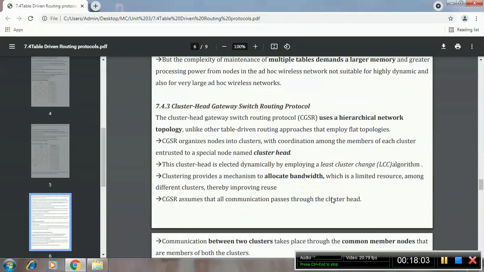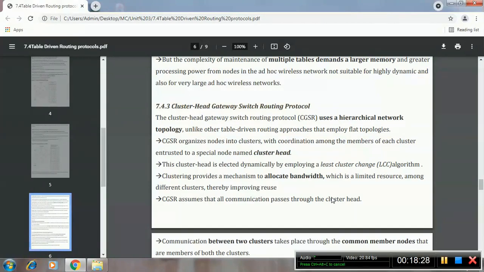In the above two, WRP and DSDV, we have seen table driven, which means at each and every node we maintain a table. The table contains the shortest distance information from that node to the next upcoming nodes.